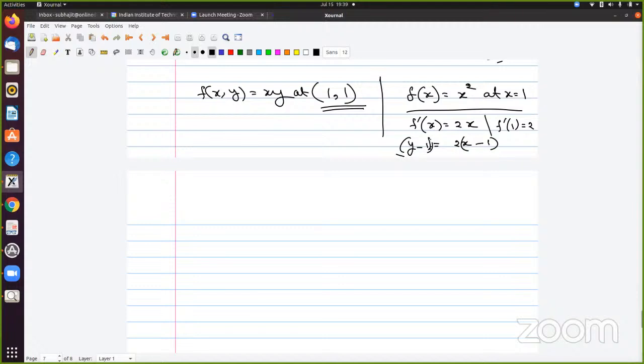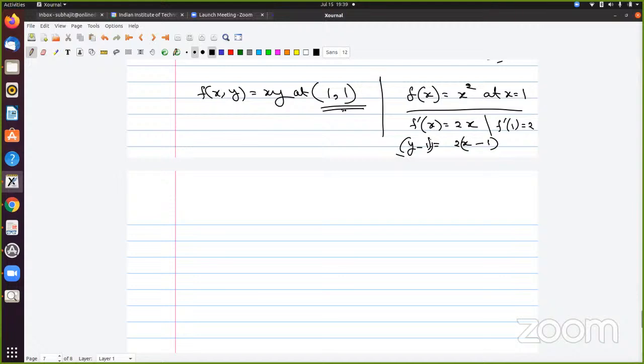In this case, it will be the tangent plane. Now, when we are talking about tangent plane, why should we normalize it? This is the point given. This is not the vector in which direction we want to find some tangent line. This is the point given. Why should we normalize it?